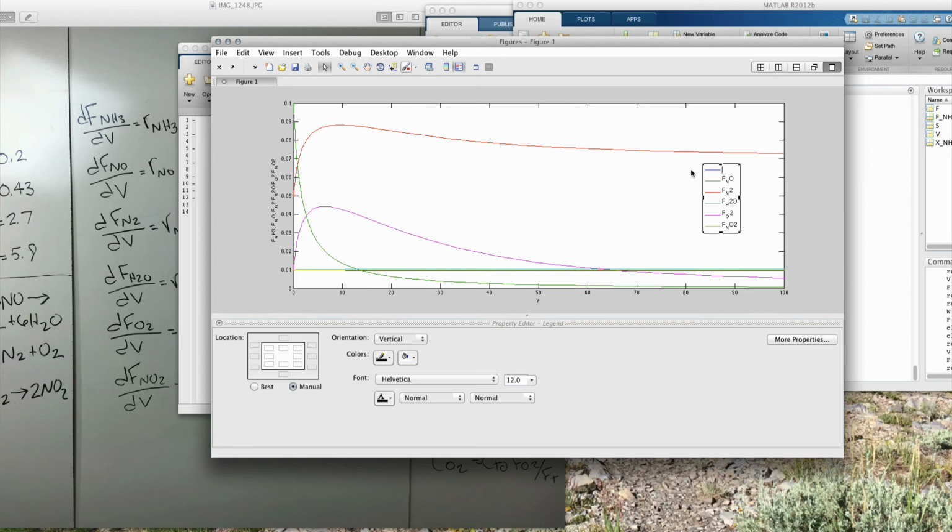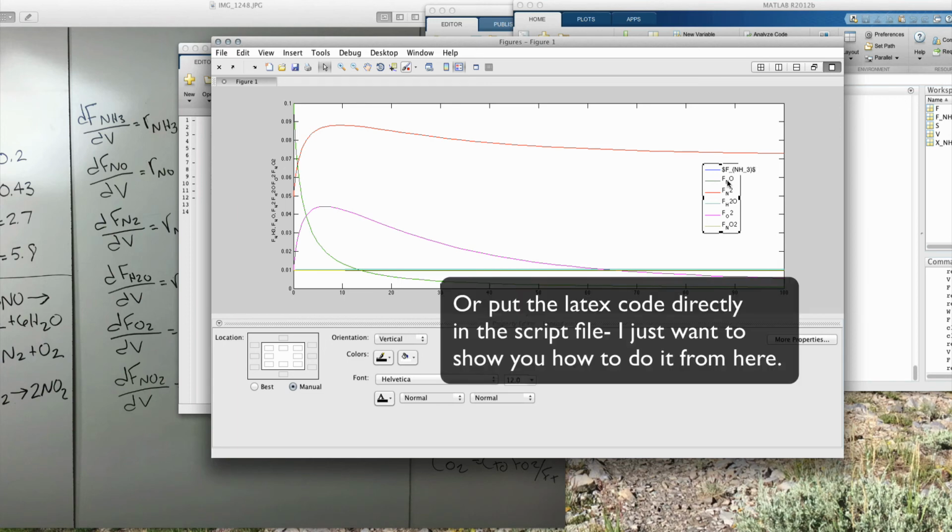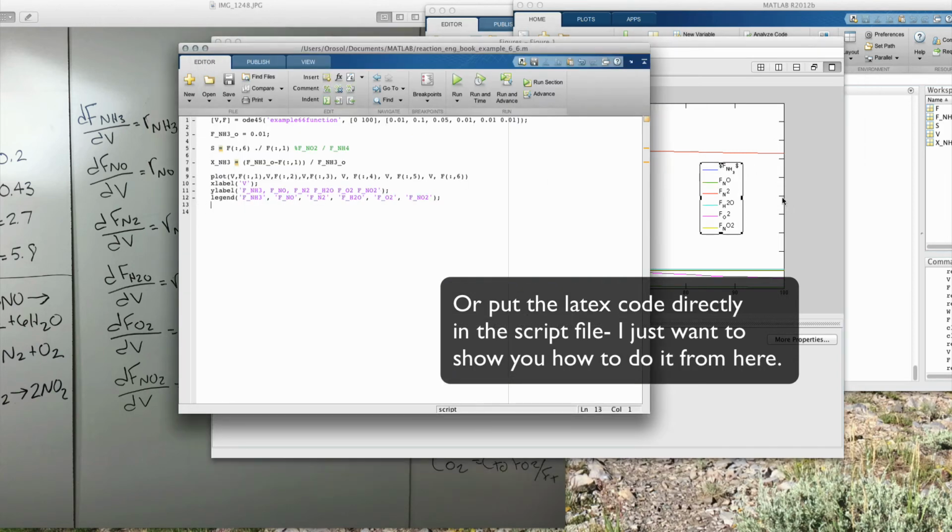First of all, I would rewrite these. I want to use LaTeX because I think it looks good. So I can re-edit these. And you can also do this from your script. You can write a script that will do all this for you.